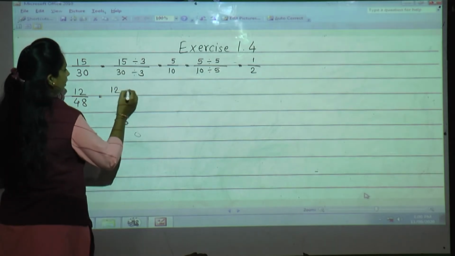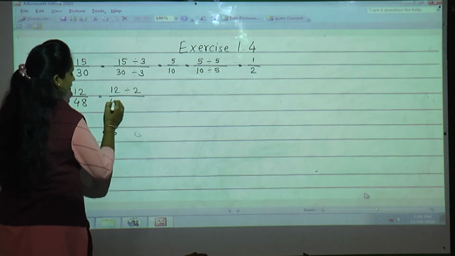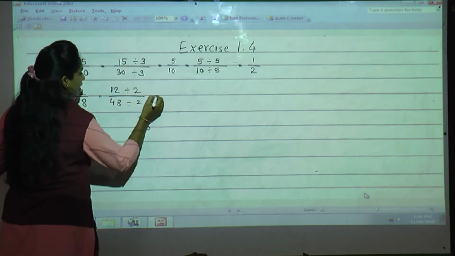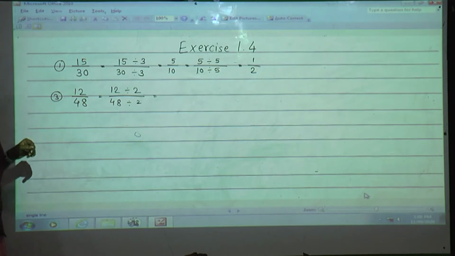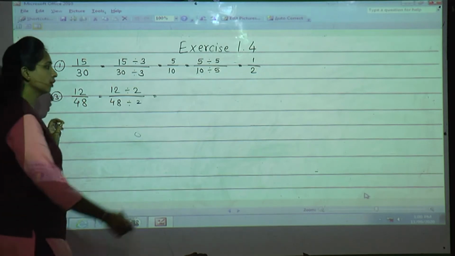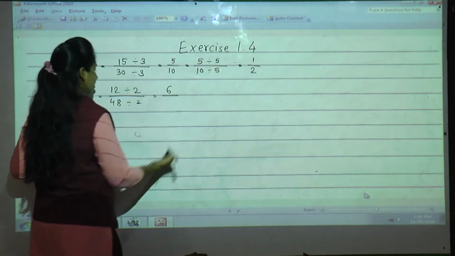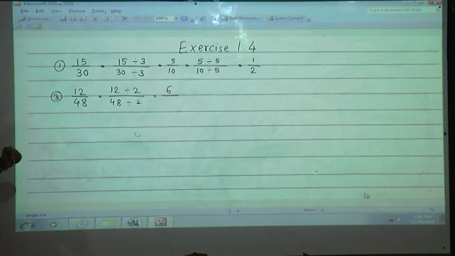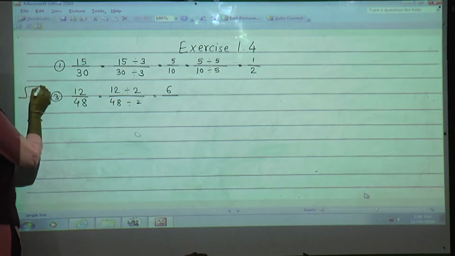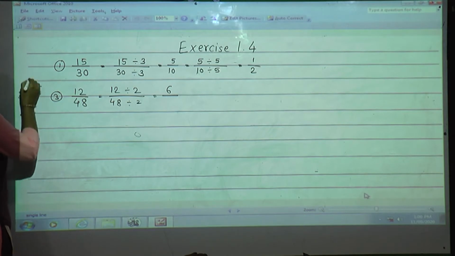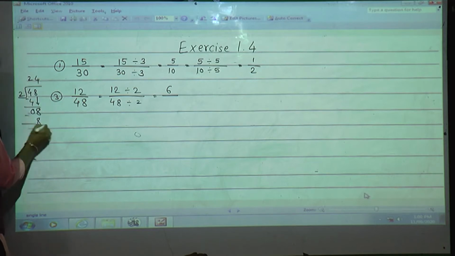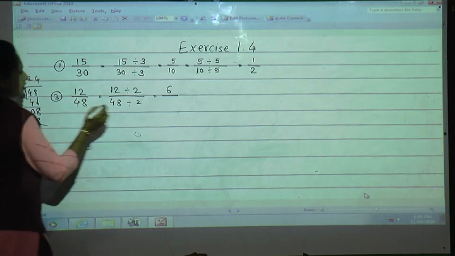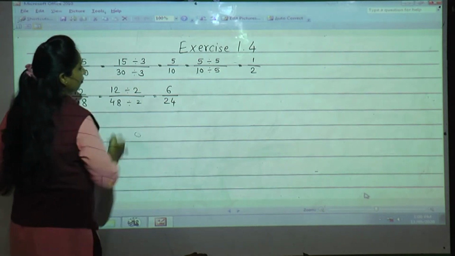Now I will divide with 2 only. Now tell me, 12 divided by 2, what we get? 6. And 48 divided by 2, you need to do the rough work. 2 2s are 4, 0, bring down 8, 2 4s are 8, 0. So the answer is 24.